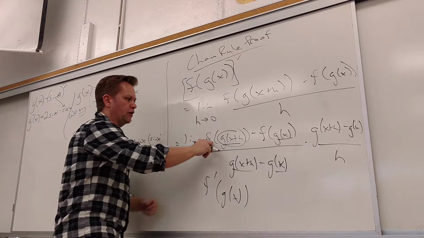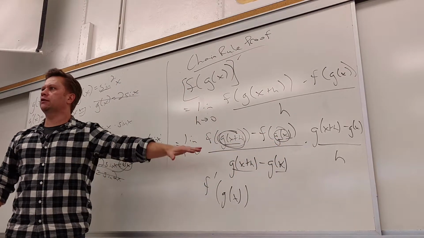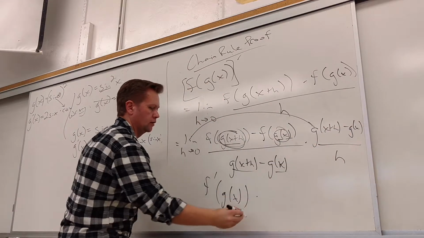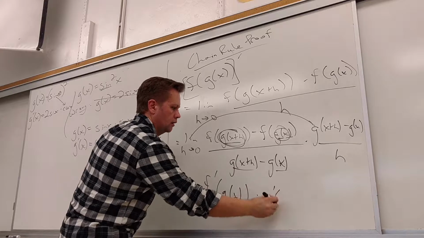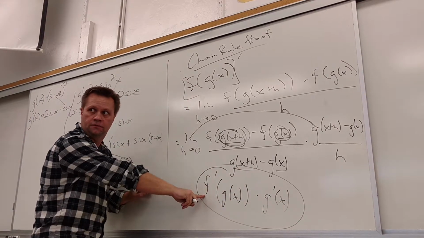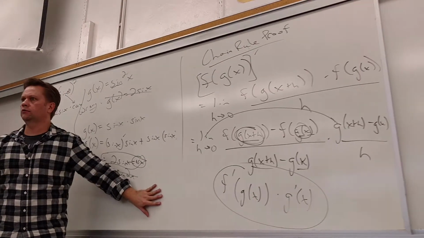But now I get f prime of this. That's the form it's in. And the limit of that piece is going to be g prime. Now really think about what this says: take the derivative of the outside function times the derivative of the inside function. That's what we were saying earlier.